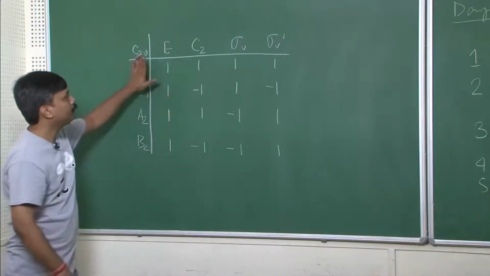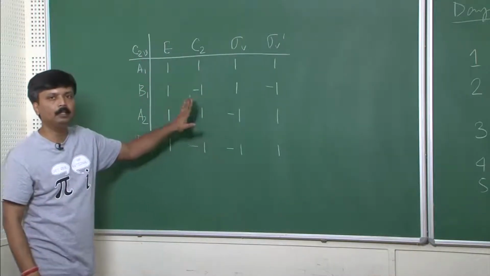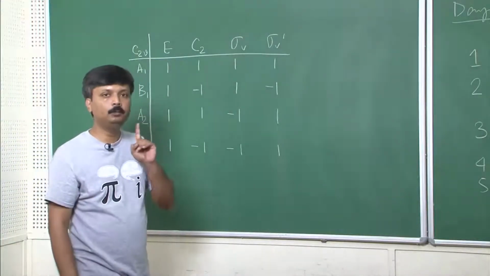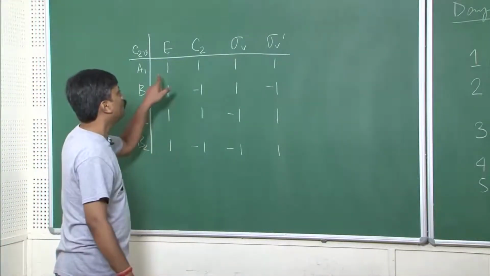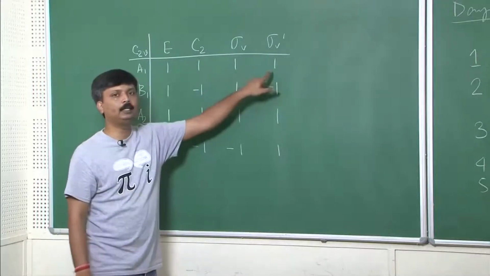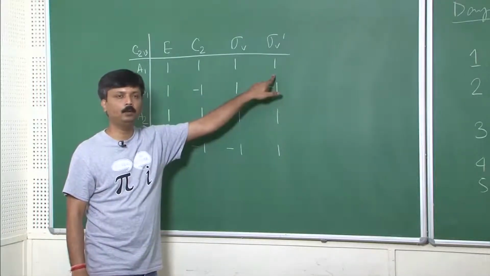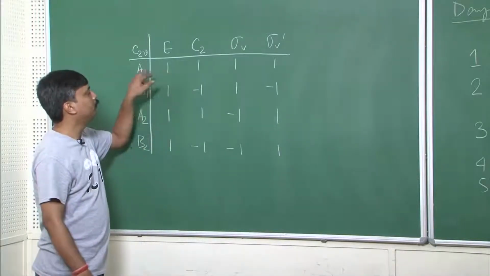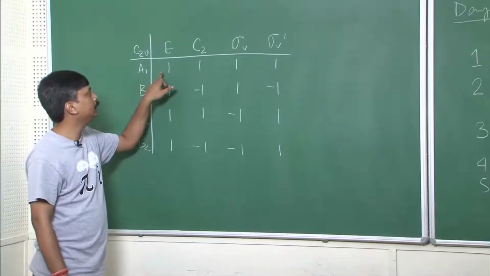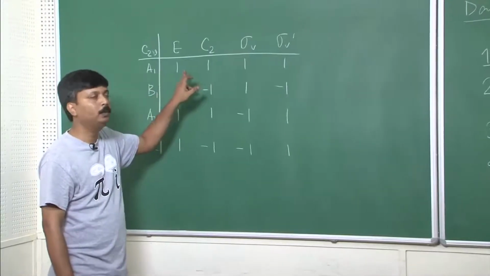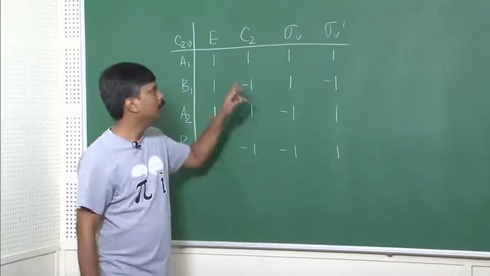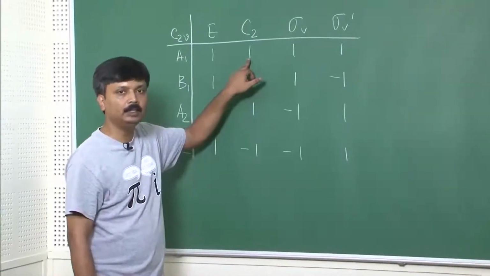In this character table there is one particular irreducible representation which has all of its characters as positive 1. What does that mean? That the characters of this irreducible representation are symmetric with respect to all the symmetry operations of the group, because plus 1 means it is symmetric.